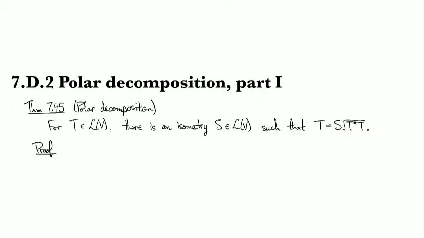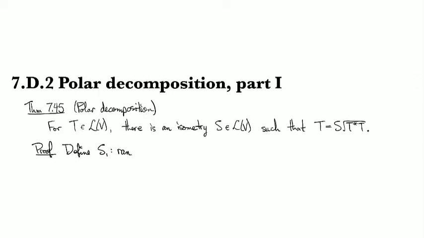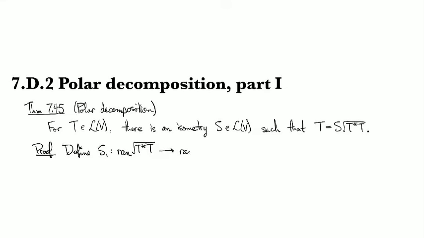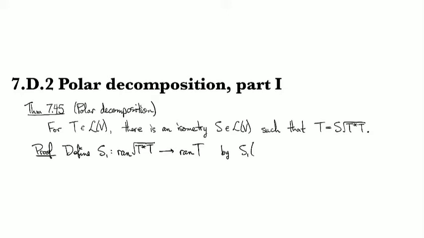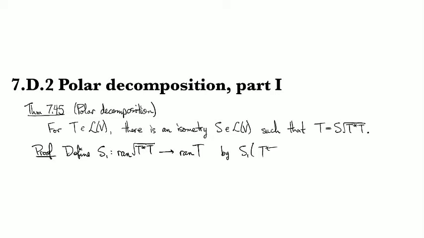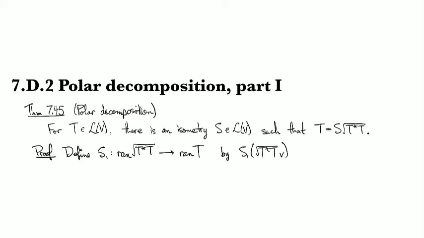So we are going to define an operator S1 from the range of root T star T to the range of T. And we're going to do it by saying, S1 of something in the range of the square root of T star T, this guy right here is a generic thing from the range of the square root.